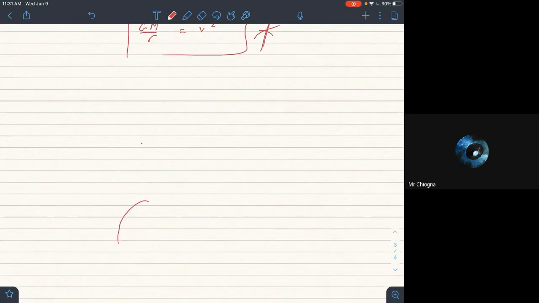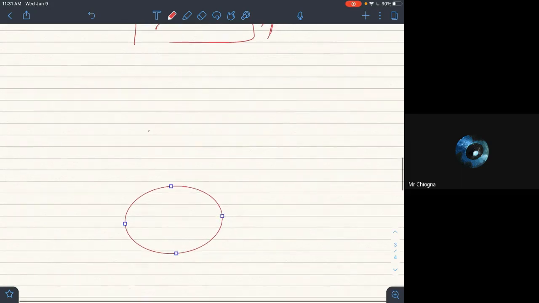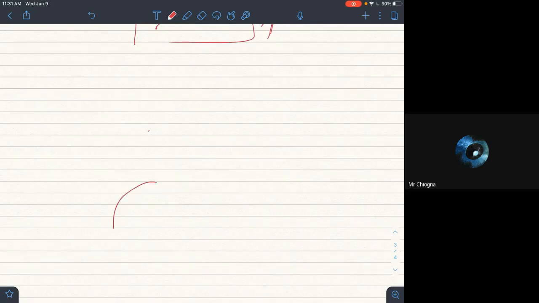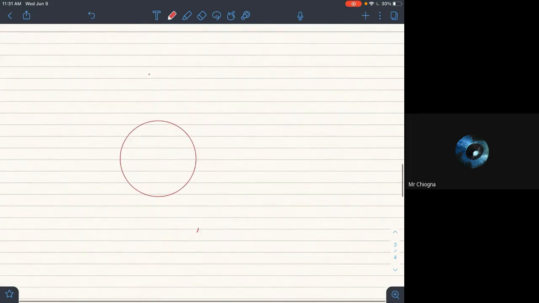Okay, so let's say this is the Earth. Well, that doesn't look like an Earth. That's an Earth.